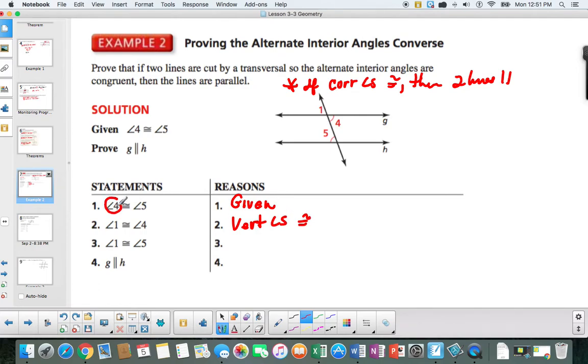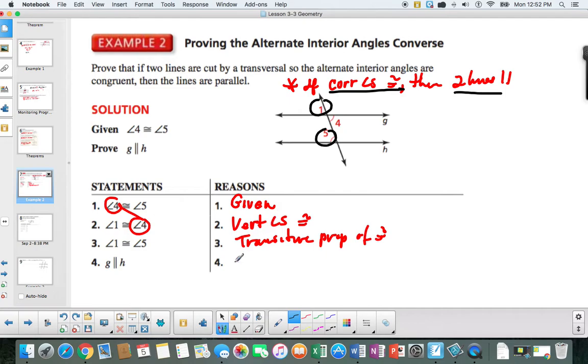And again, there's this connection. So I know 1 and 5 are congruent by the transitive property of congruence. Now 1 and 5 happen to be these corresponding angles here. Since they are congruent, I can make the conclusion that the lines are parallel.